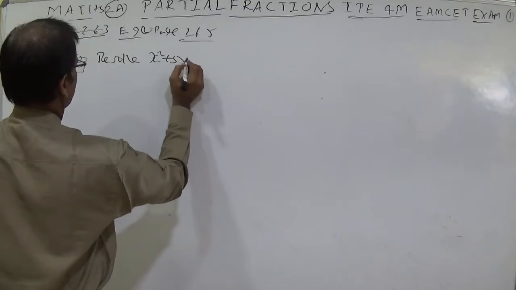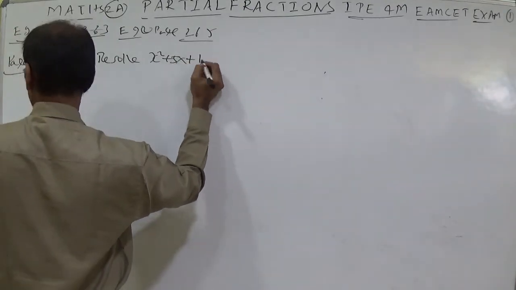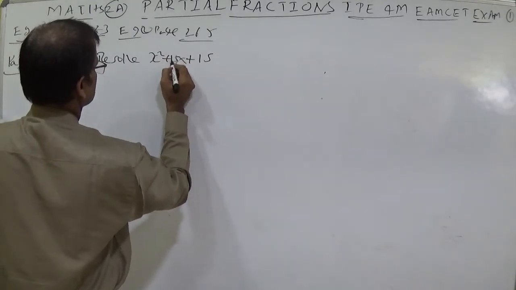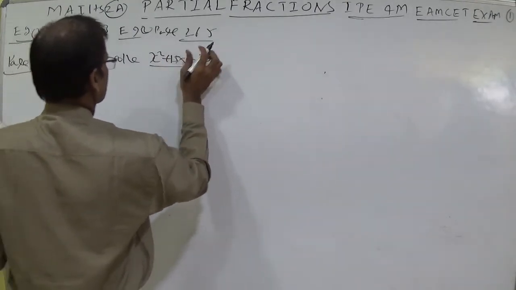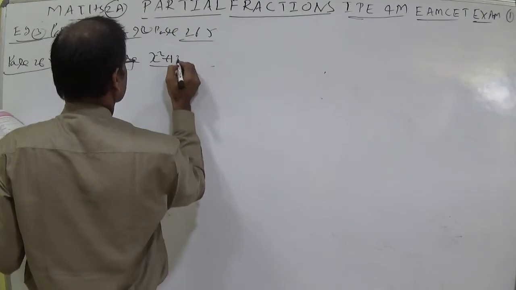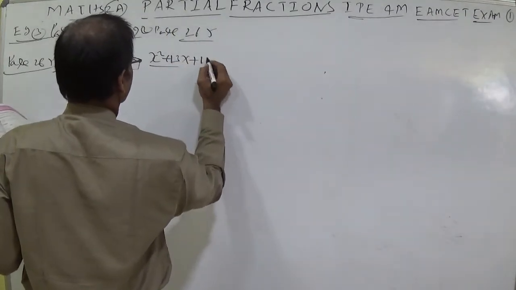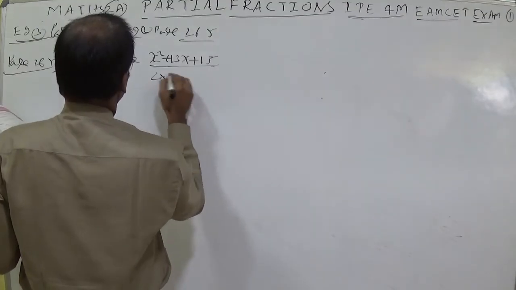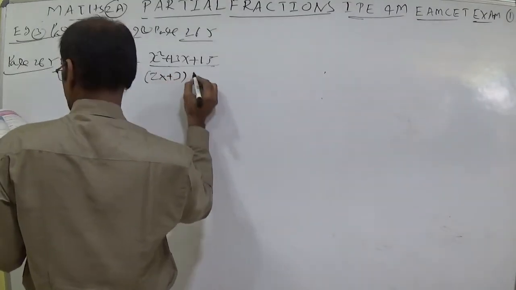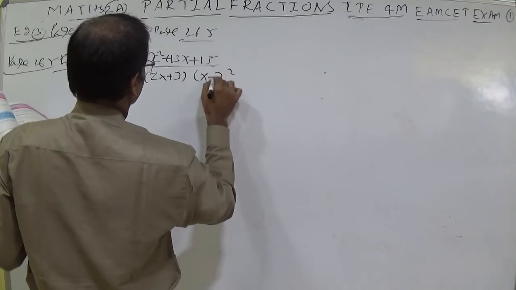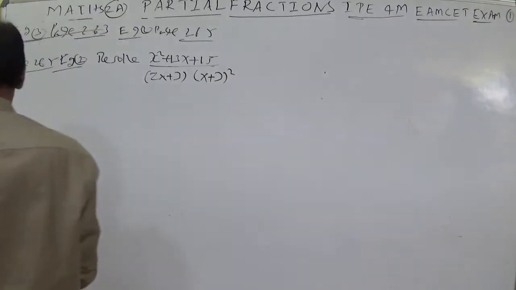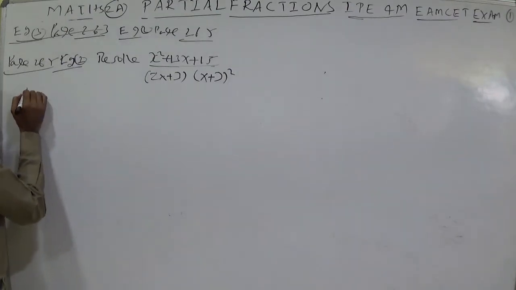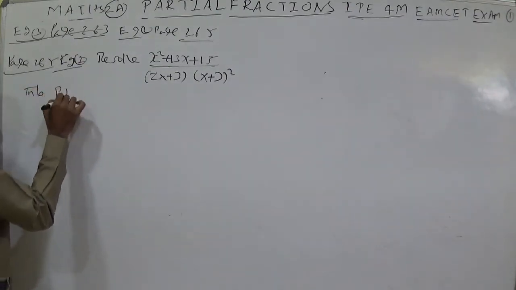Students, resolve (x² + 13x + 15) / ((2x + 3)(x + 3)²) into partial fractions, PFs.